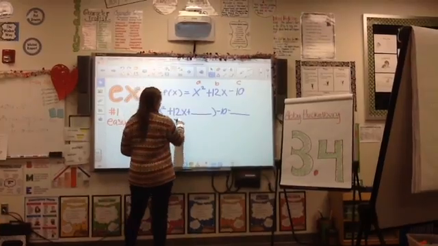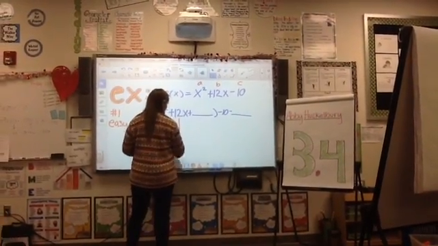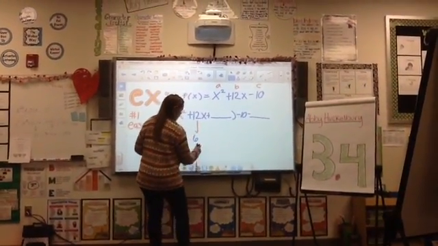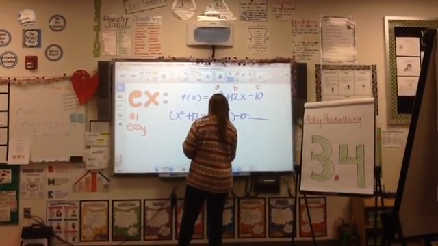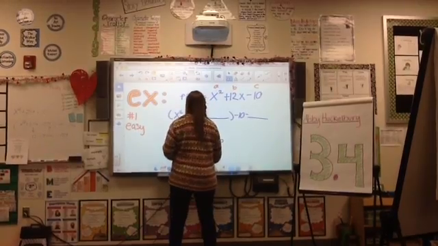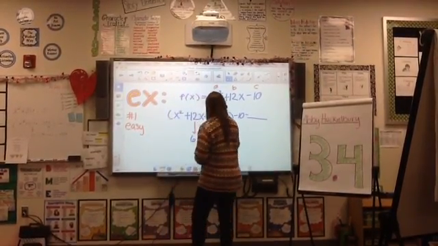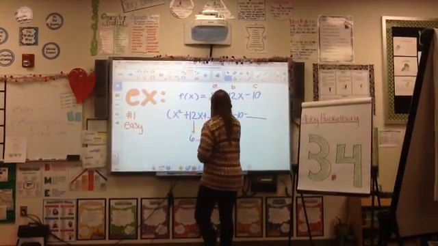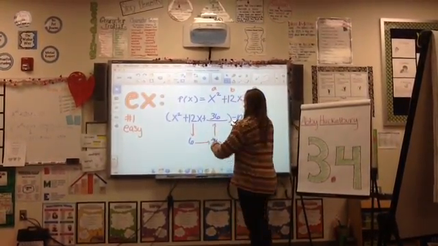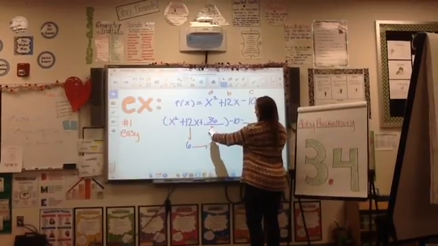Divide your B term by 2, which is 6. Square it. And that becomes your new C term. Now, because A is equal to 1, all you need to do is subtract 36 to balance it out.